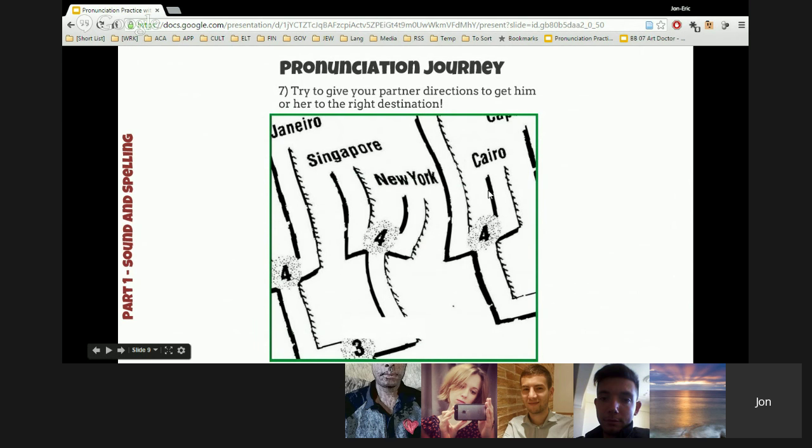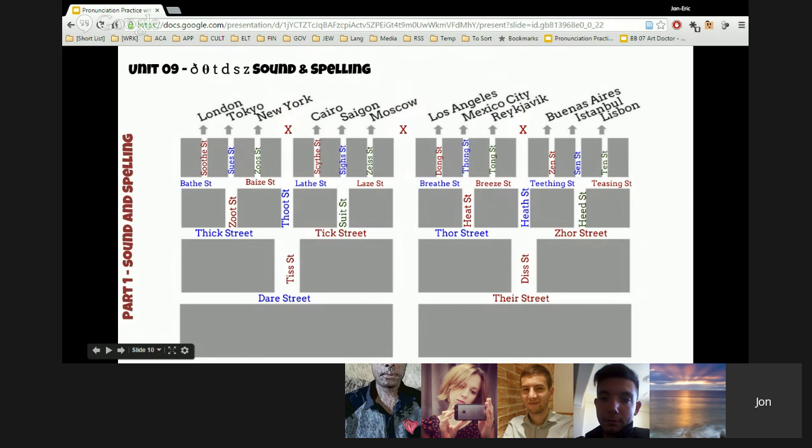You get a board like this, you get a starting point, and you have to go through the streets to get to your destination. We're going to do a quick example, but on Friday we'll play this game to give you more practice, because I couldn't do it today. Friday, I have language games, and this is the language game we're going to play. I'll give you some difficult consonant pairs, and you'll have to navigate through the streets.